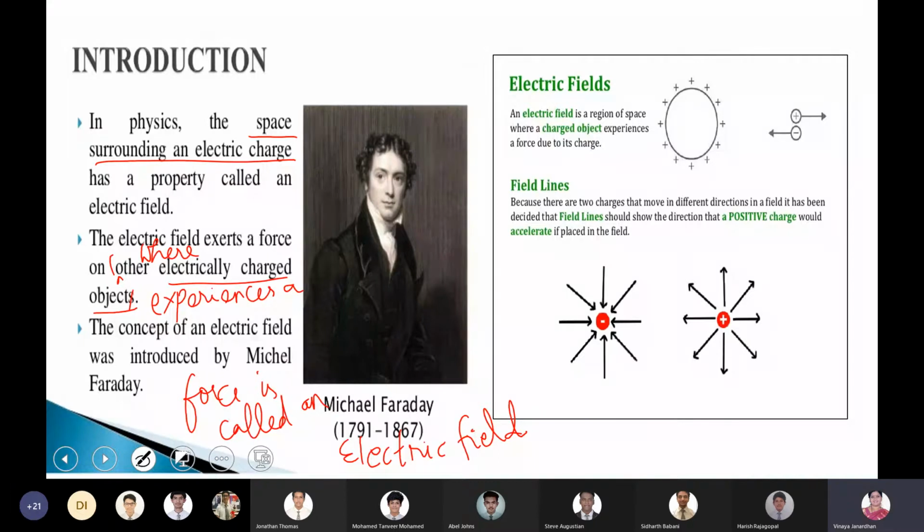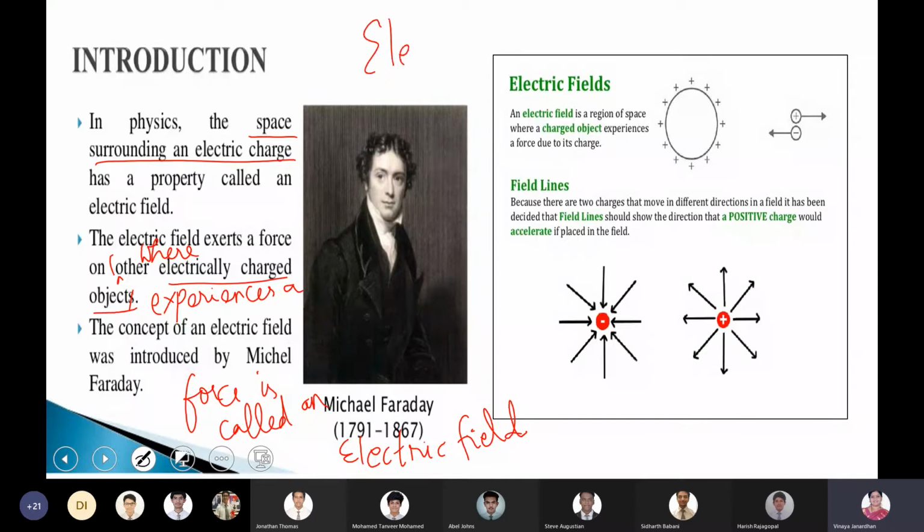Is that fine, boys? Now, how do you represent an electric field? An electric field is represented by electric field lines. Now, what do you mean by an electric field line? That will be the other question. So you know what is an electric field? Electric field is the space around any charge where the force due to the charge can be felt. Now, how do you represent an electric field?